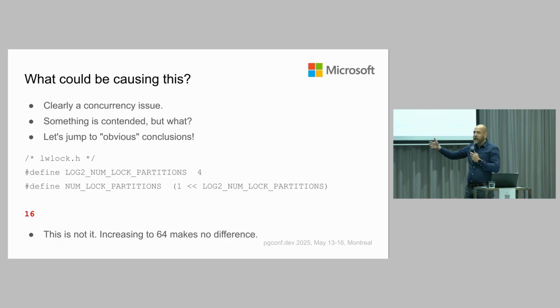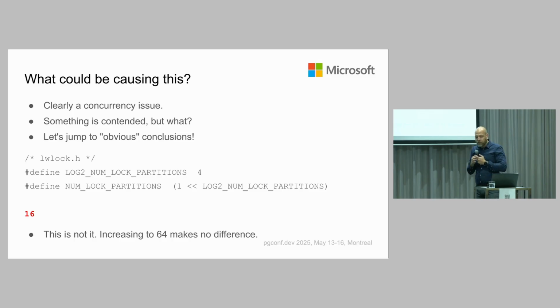And if you have many clients, they will compete for this lock. So we increased that to 64. By default, that's 16. We increased that to 64 and had no impact at all, right? So this is not the problem.